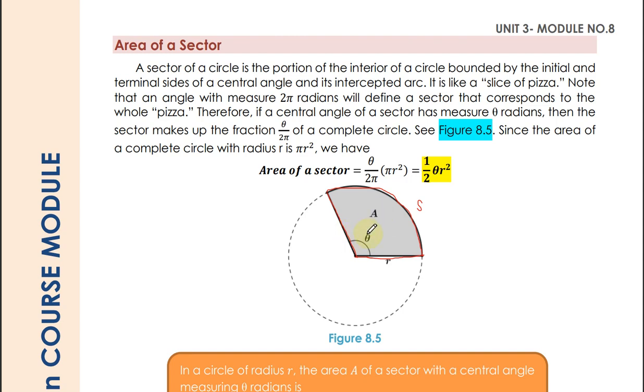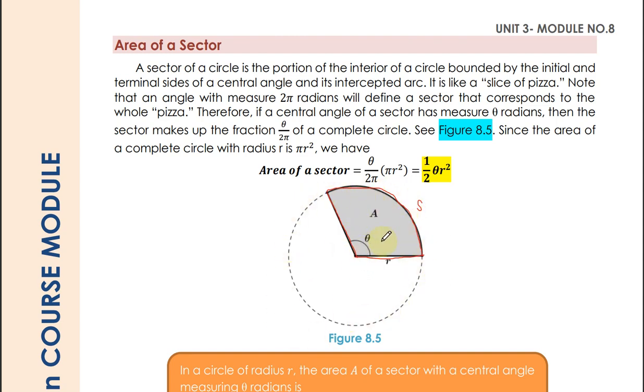So, area of a sector of a circle. That is like a slice of pizza, and remember that the angle with measure of 2 pi radians will define a sector that corresponds to the whole circle or whole pizza.